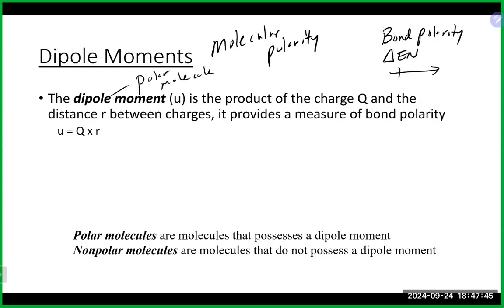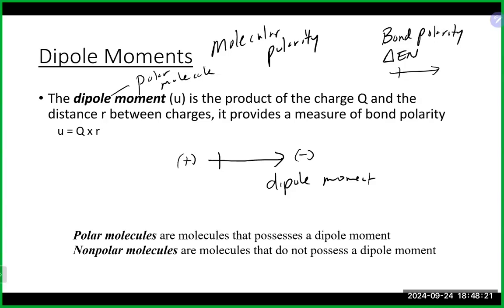And we represent a dipole moment, oddly enough, with the exact same arrow that we use for bond polarity. So we do use this dipole arrow to indicate a dipole moment, and it means kind of the same thing. It just means that this side is negative, this side is positive. What it means in terms of molecular polarity is wherever it's pointing, that side of the molecule as a whole is kind of more negative, and the other side of that molecule is more positive rather than just an individual bond. It's the whole entire molecule as a whole.